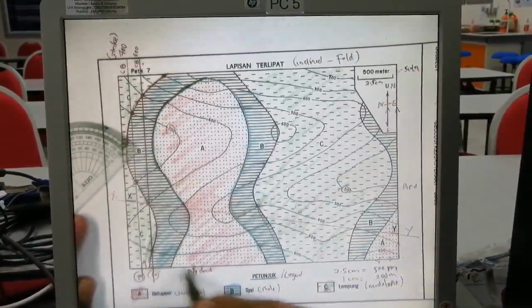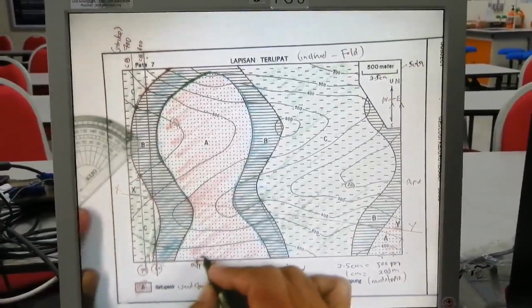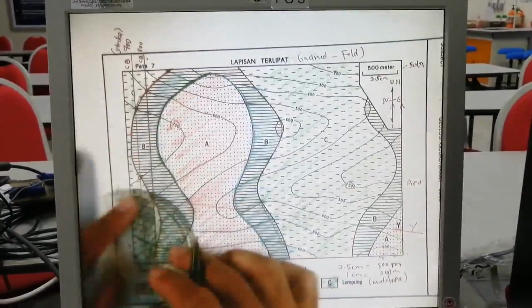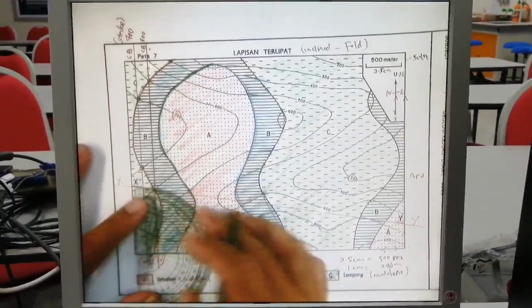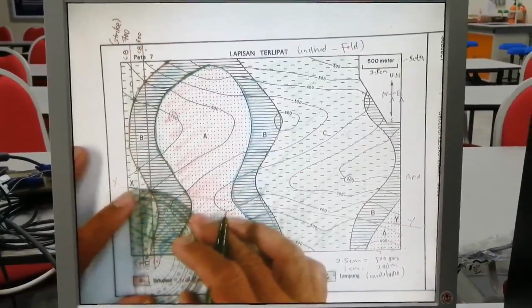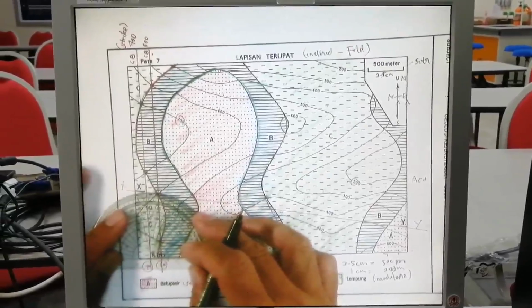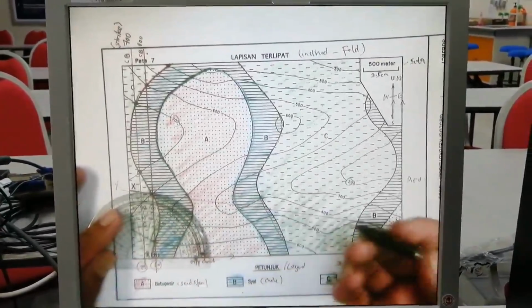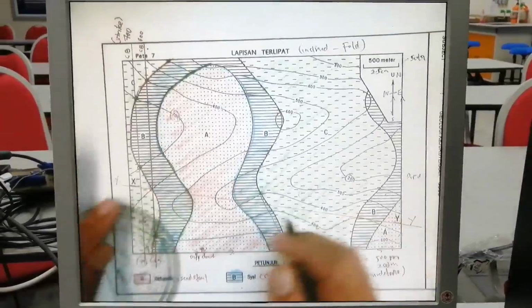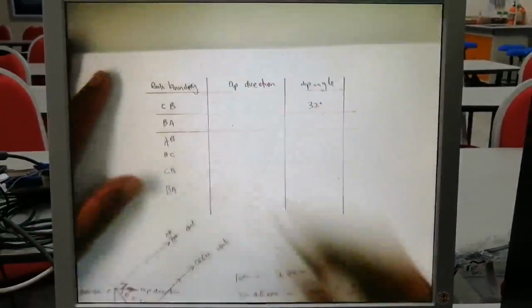Here, this one is toward east, so east is 90 degrees, or you can measure from here or from here, whatever. This line is parallel to this line, so it's 90 degrees. This is your 90 degrees.